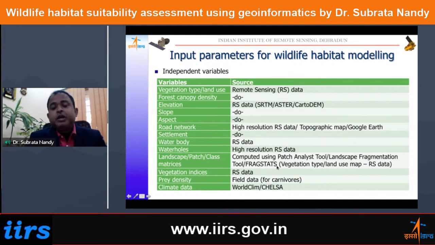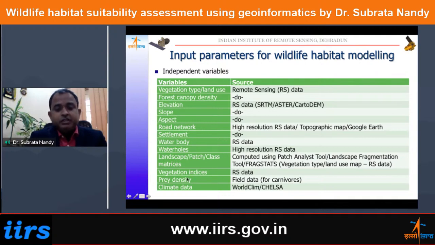Now, the main concern here is the species requirement. First of all, the species in question, or the target species, should be studied properly. Its habitat should be studied properly, and then you try to see whether these parameters can be addressed through remote sensing or not. And if it can be done, then how, and what could be the source of this?